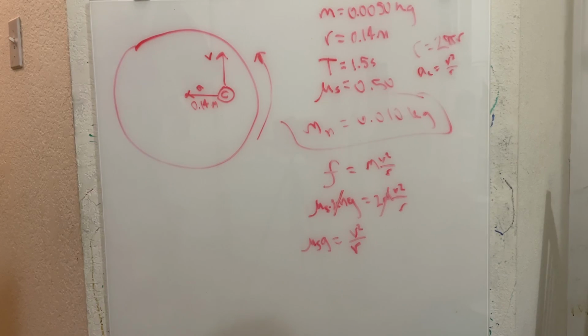So the mass should not affect how fast the coin has to go in order to start slipping off. So that was the answer to part D, and that was the end of the FRQ.